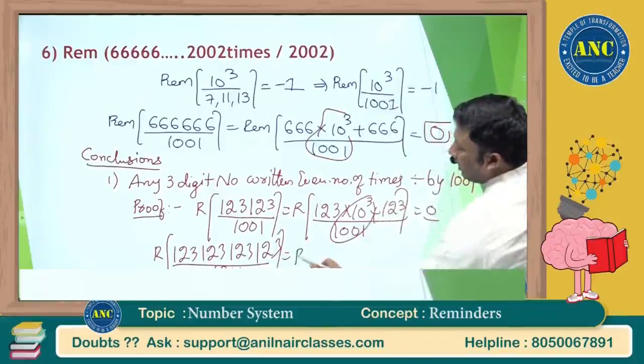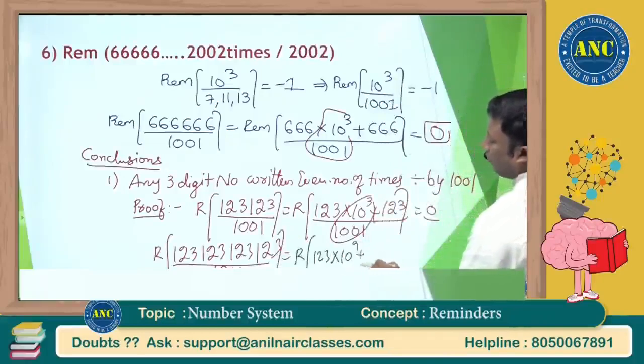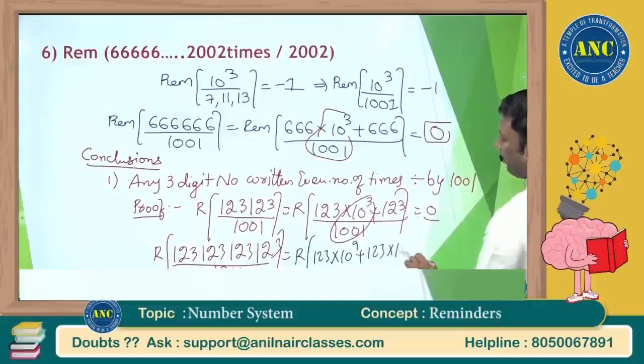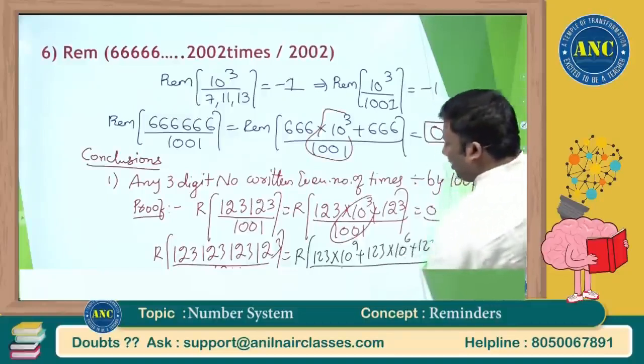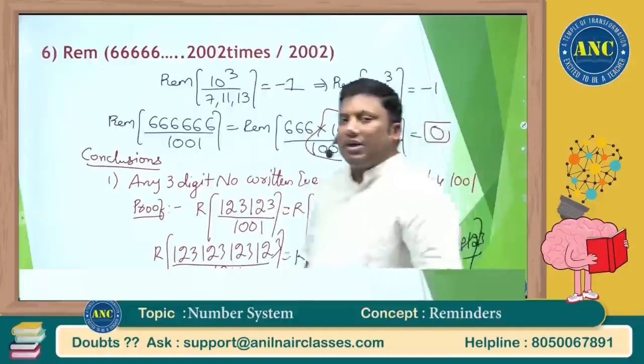See here. This can be written as 123 into 10 power 9, 123 into 10 power 6, 123 into 10 power 3 plus 123, divided by 1001. These give minus 1, minus 1 square which is plus 1, minus 1 cube which is minus 1, and minus 1 from the last term, so all of them will get cancelled.